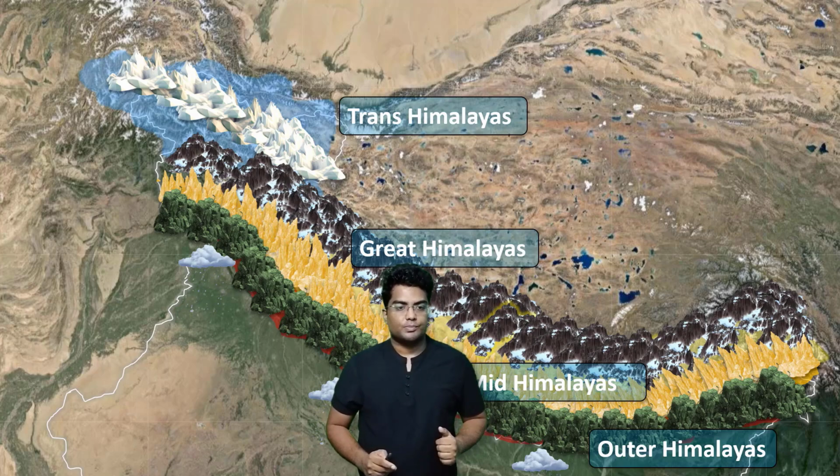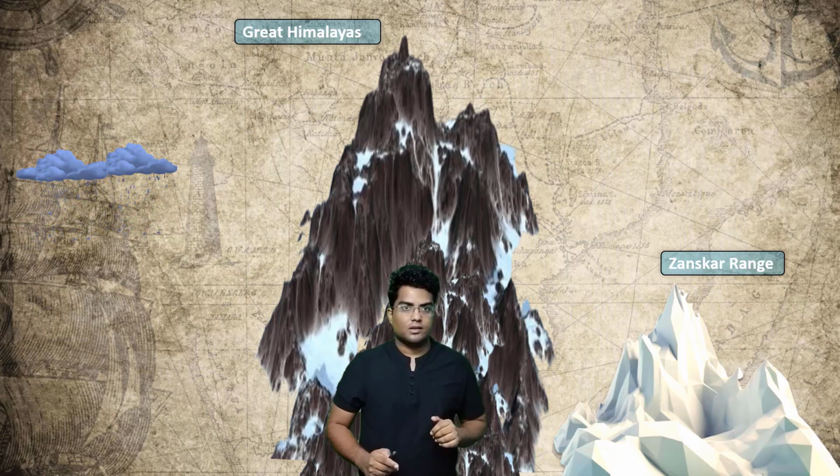Let me just show you a perspective. Okay, as you can see, the Great Himalayas are quite tall, and they prevent these clouds with moisture from reaching the Zaskar range. As you can see, these clouds with moisture are prevented from reaching the Zaskar range and the Ladakh range, and that is why the Zaskar range and Ladakh range are pretty much dry regions. They are cold but without any moisture.